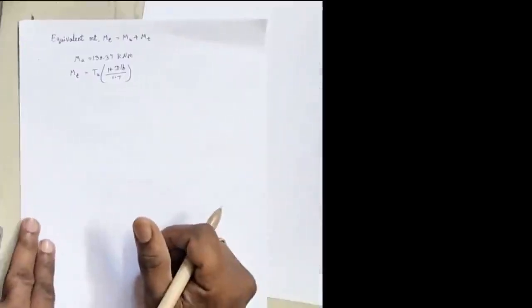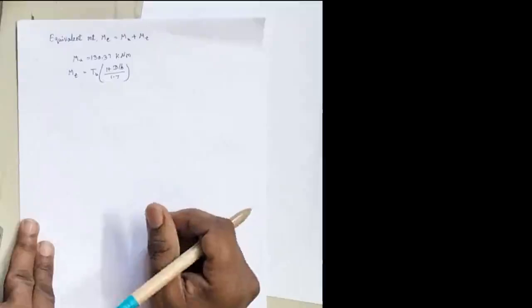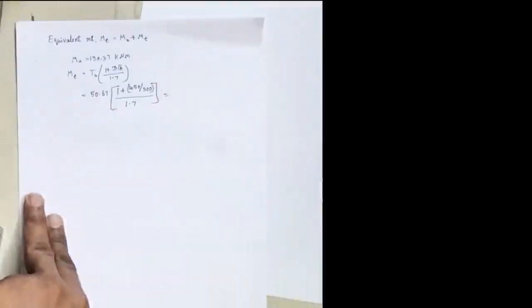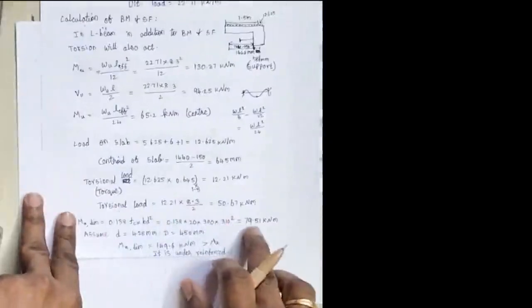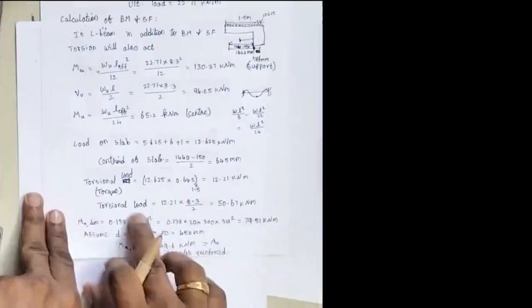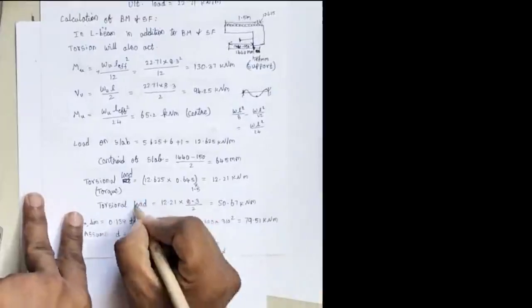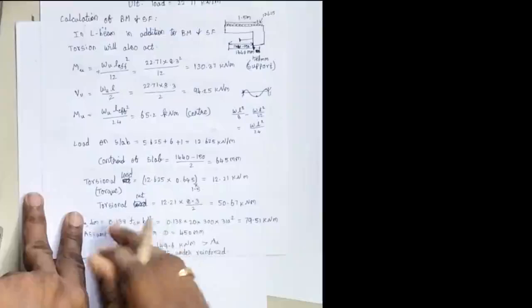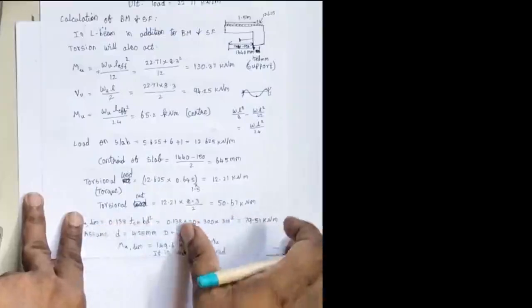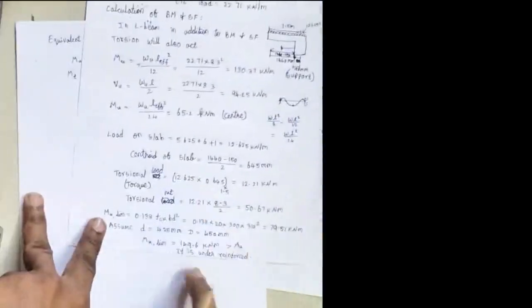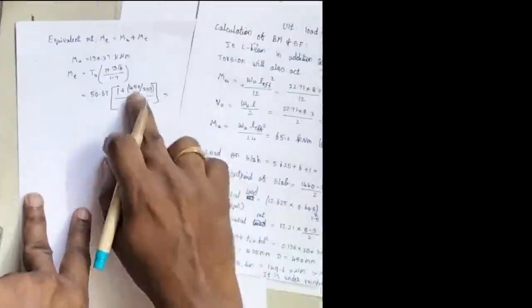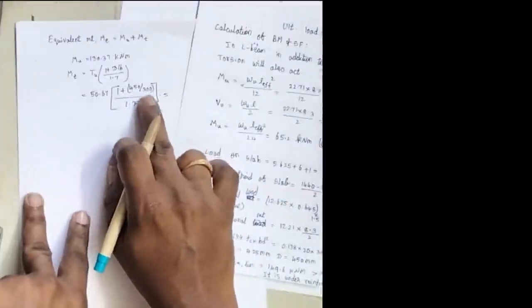Next I need to calculate the value. I have substituted the value. Here torsional is not load, it's torsional moment. So the torsional moment is 50.67. I have taken that value 50.67, the overall depth as 450 mm, and the width of the web as 300.